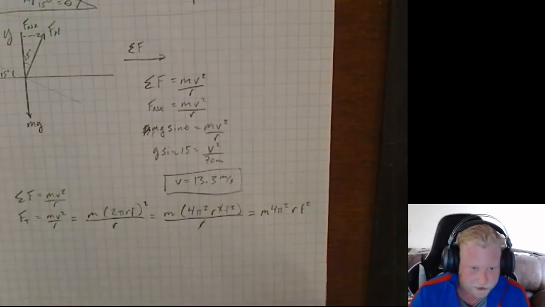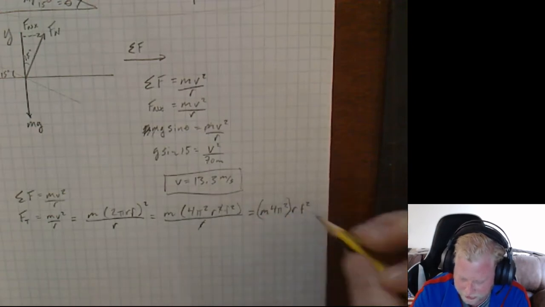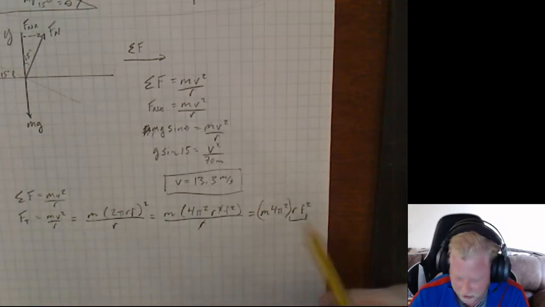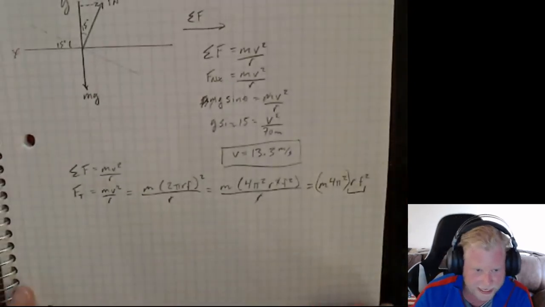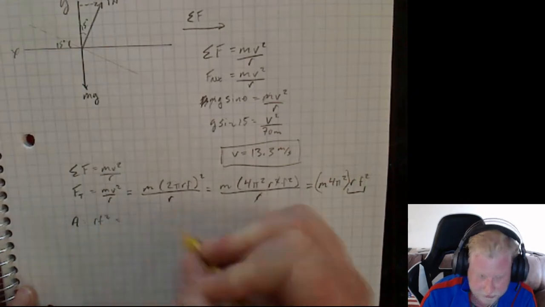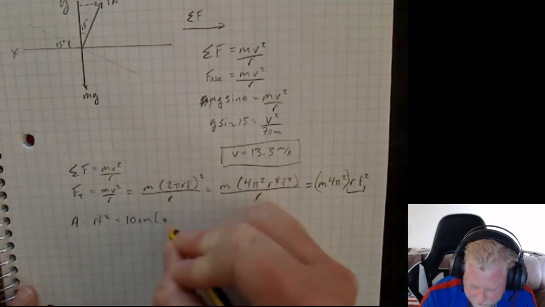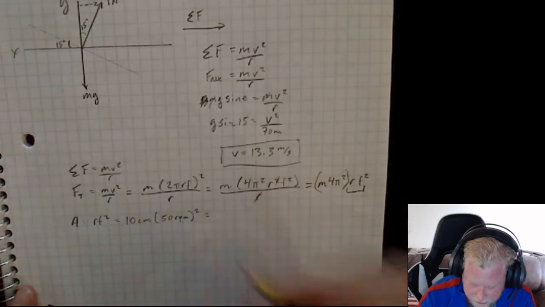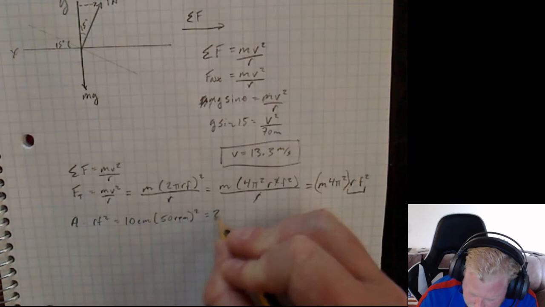Now, as we look through scenarios A through E, they're all going to share this in common. So really all we're looking at is r f squared in each one of these scenarios. So for instance, if we look at A, r f squared would be 10 centimeters times 50 RPM squared, which gives us 25,000.